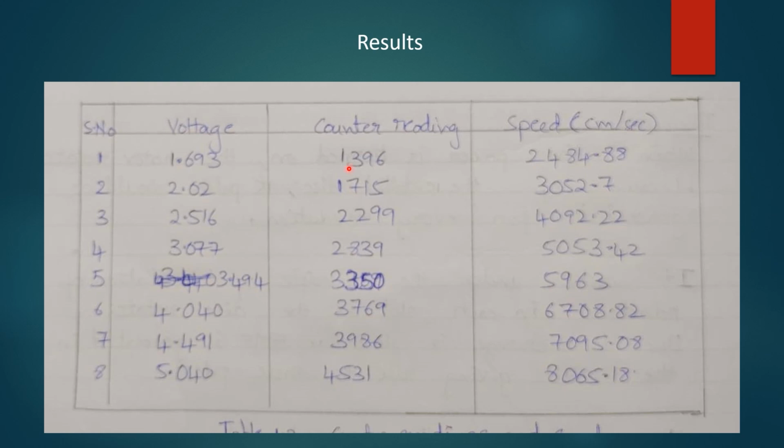Here are the speed measurements for different voltages. As the voltage increases, we can see the speed increases. These are the counting readings that we took for 10 seconds. Using the formula that we have derived previously, by substituting these values, we get the speed measurements.